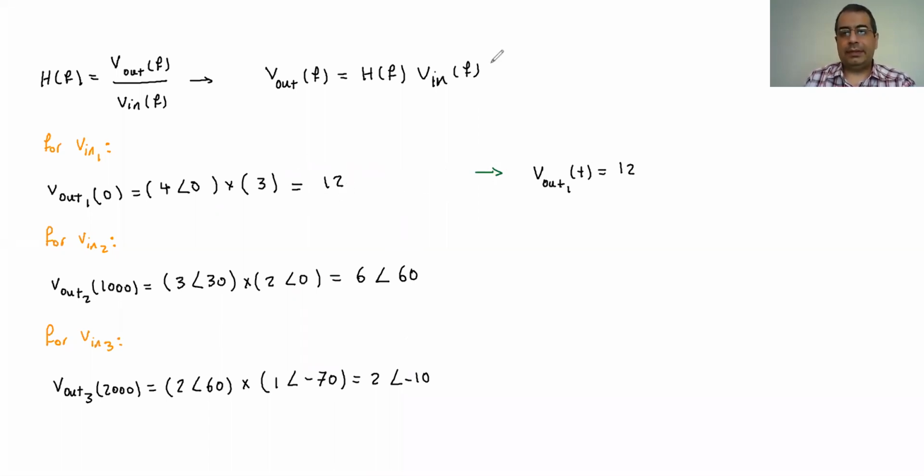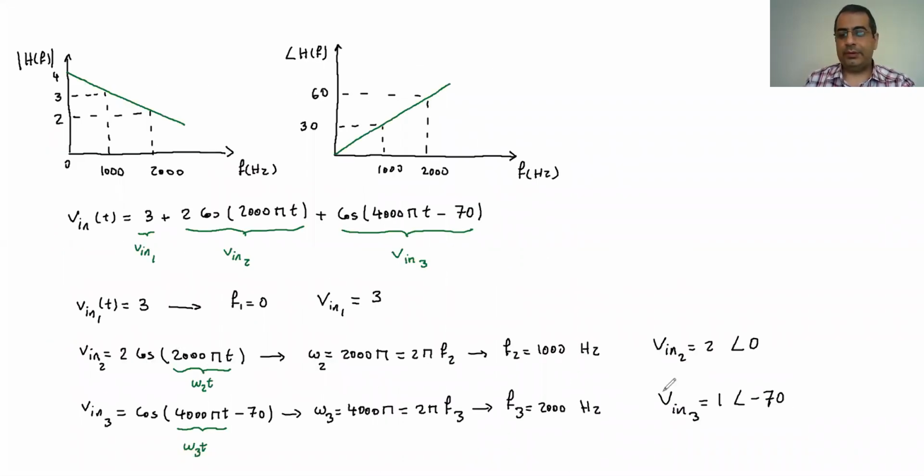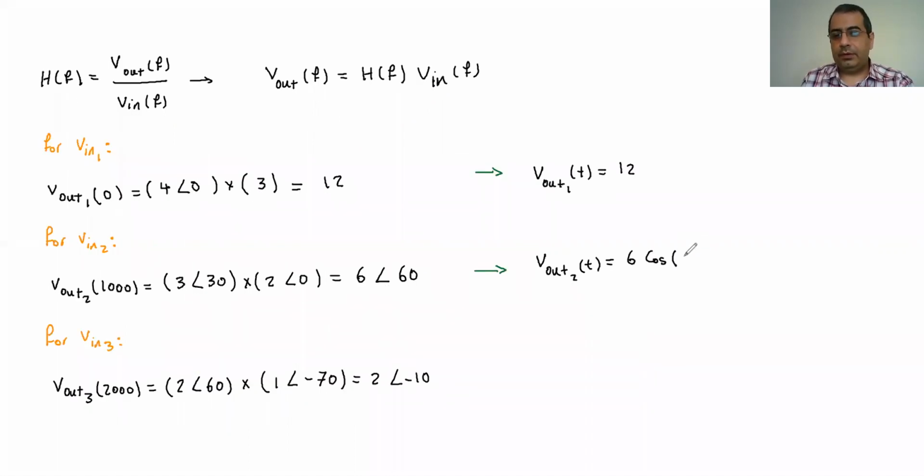This one is sinusoidal, so V out for the second one would be 6 cosine. And remember, we have to use the omega t for the second input, which is 2000 pi. So it's going to be 2000 pi t plus 60.